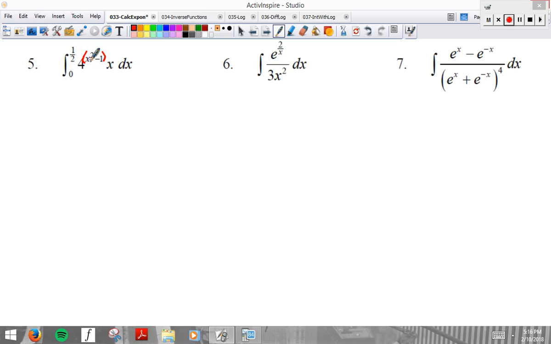What's the derivative of x squared minus 1? It's 2x. And wouldn't you know it, based on everything we learned in chapter 5 and practiced in chapter 6, I can turn this into 2x. All I have to do is pay for it with a 1/2 on the outside.